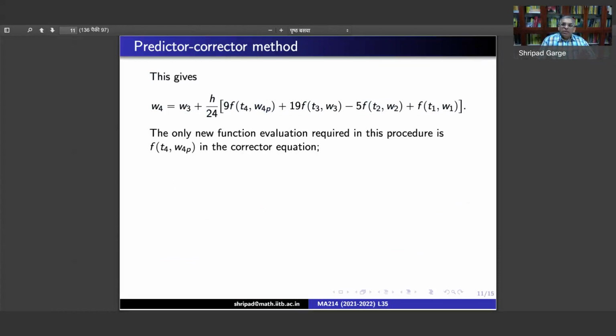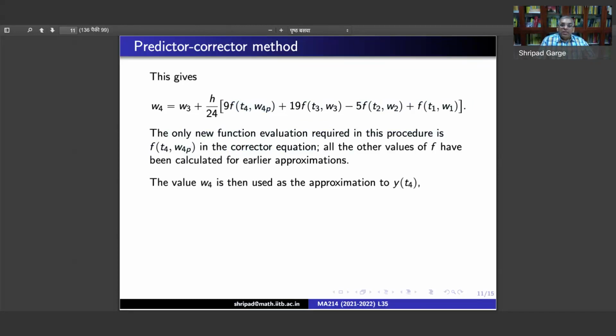Okay, the only new function computation which is required is this, because all the previous ones, f of (t3, W3), (t2, W2) and (t1, W1), have already been computed. So just one more function evaluation is required in the corrector equation. All of the others have been already computed. And this is the value W4, which we use as the approximation of y(t4).